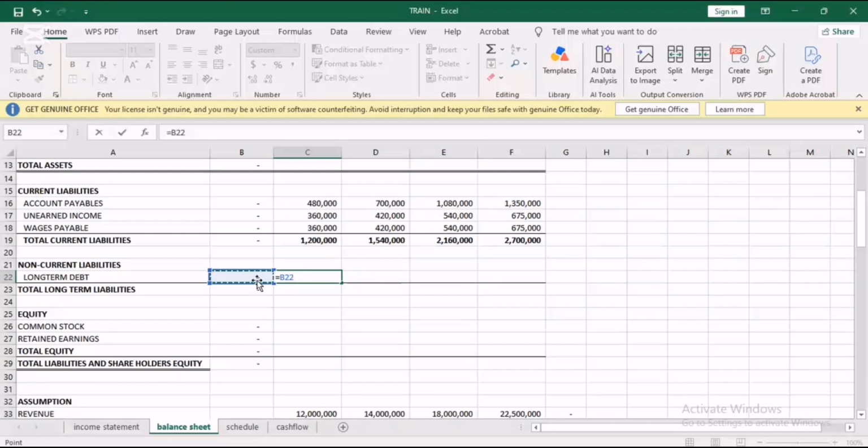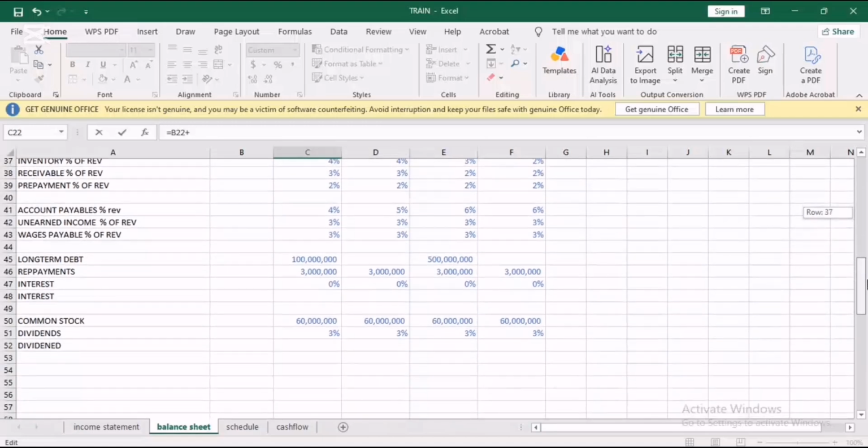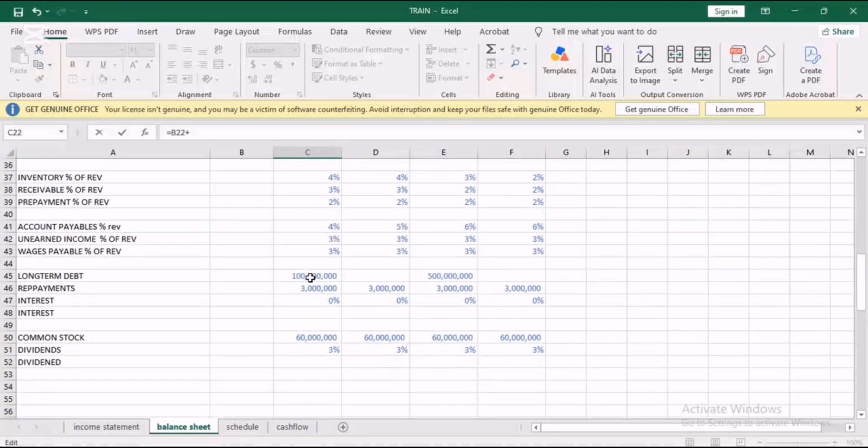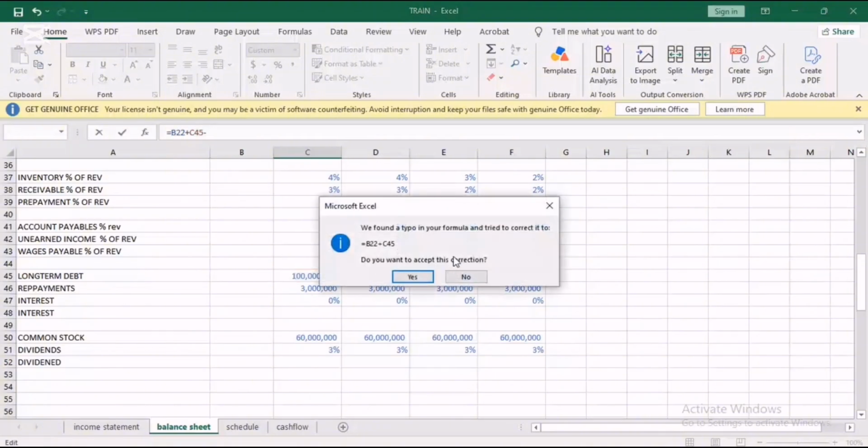We select last year plus, right? Let's take away the pop-up. Then plus this year's loan, right? Exactly. Then minus the repayment amount, which is 3 million. We hear it.